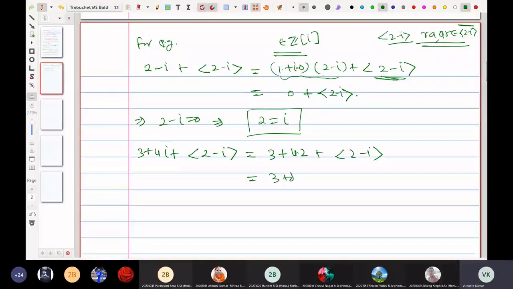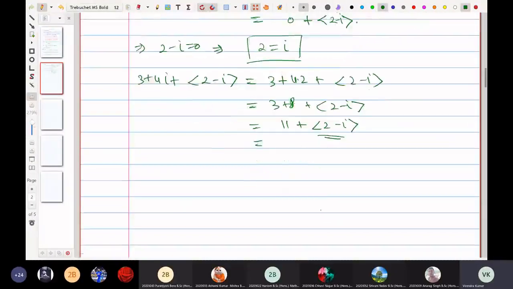So 3 plus 8 is 11, and then 2 minus i, we can write like this. So 11 plus this set. But can we reduce it further? That is the question. Yes, this can be reduced.